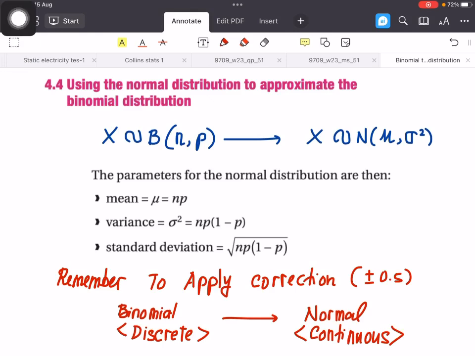The solution to this problem would be using the normal distribution to approximate the binomial distribution. So if we have x that follows binomial distribution in which n is large, we can approximate using normal distribution.